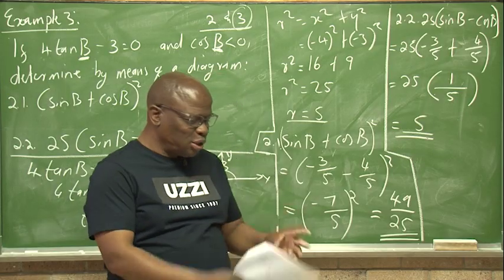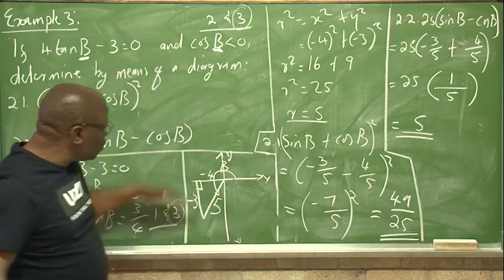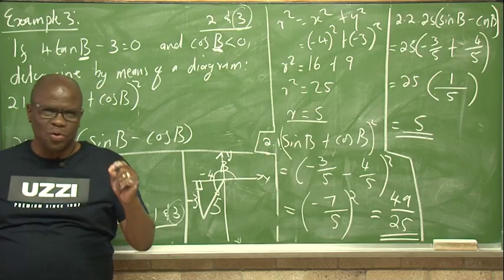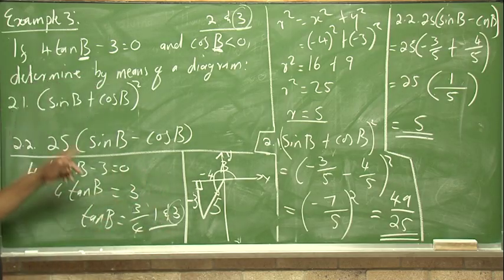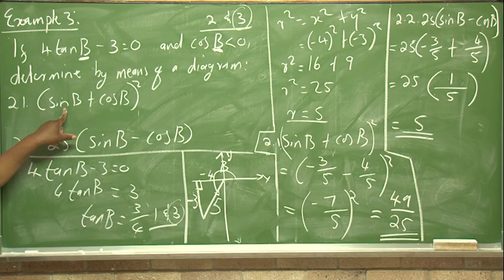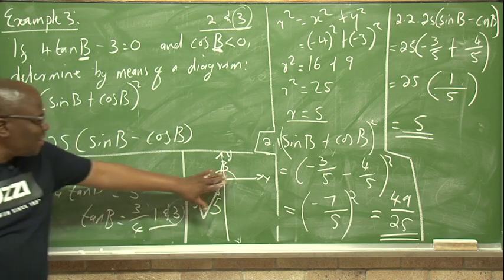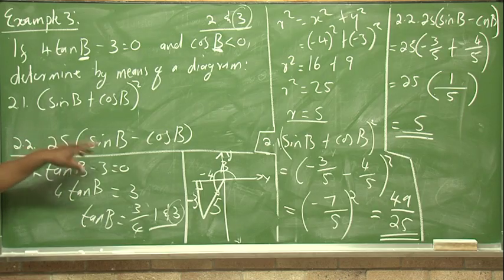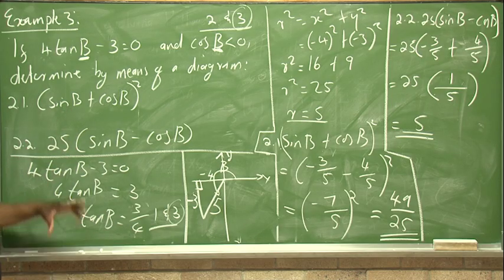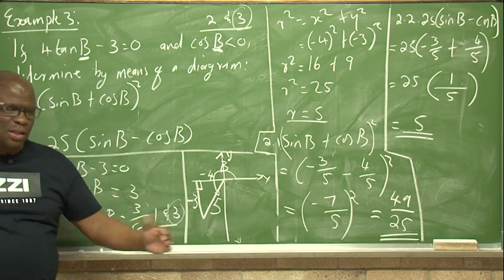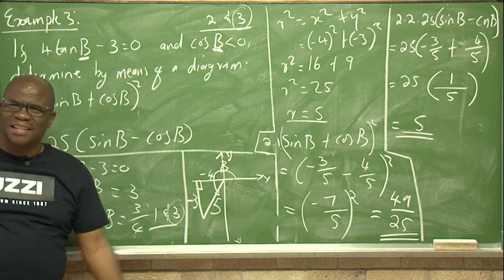And of utmost importance, with regard to these activities, is for you to know the definition of the trig ratios. Imagine if you did not know the definition of sine. You have a right-angled triangle nicely drawn. What is the definition of sine? You need to know that sine is the opposite side over hypotenuse. We define the trig ratios using the sides of a right-angled triangle.